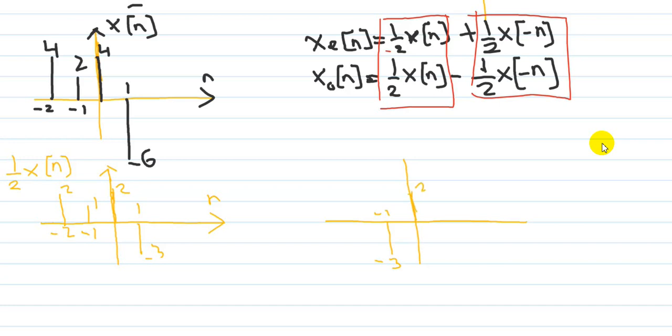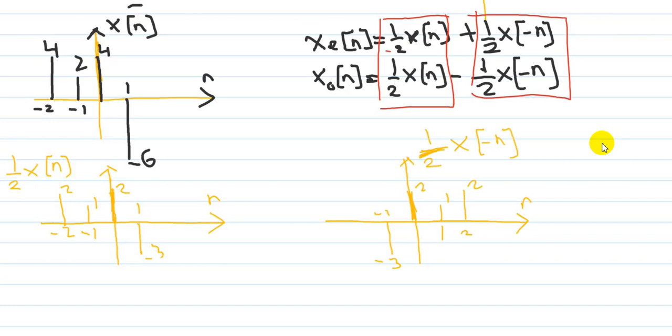This is a sample here. And at minus 1 will become 1, so it means at 1 will become 1. And the minus 2 sample will go at 2. So this is n, and this signal is nothing but half x of minus n here.